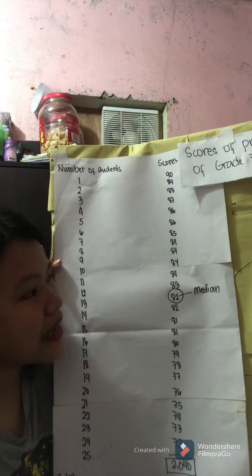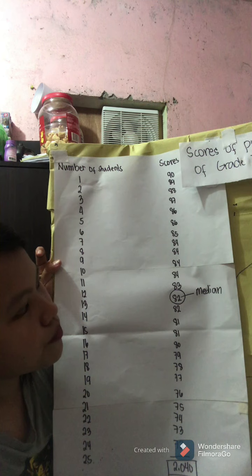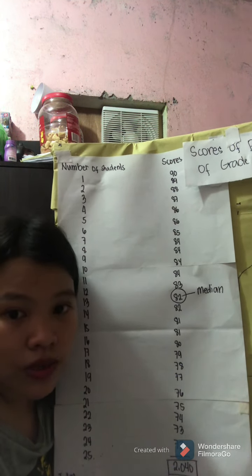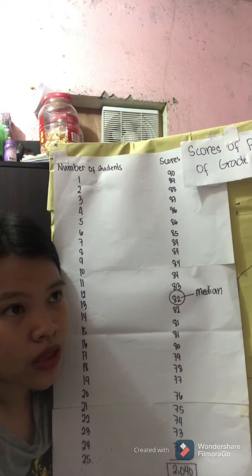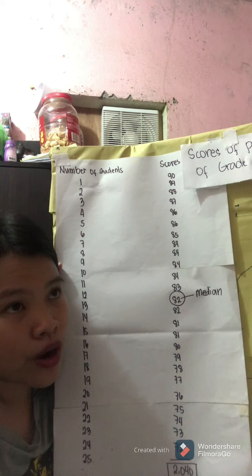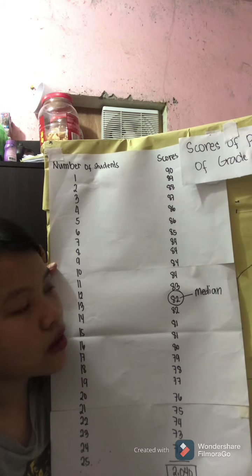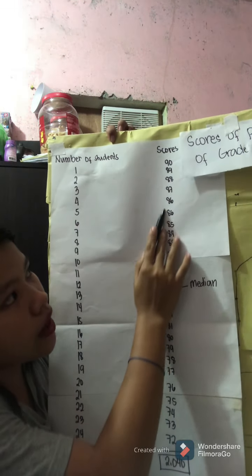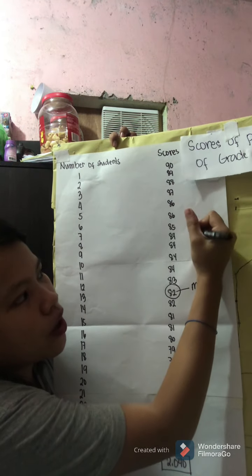So let's proceed on how to get our mode. As I said earlier, in order to get the mode, let's identify what numbers frequently appear in our data, or repeated scores. As you can see in our data, we have 84.